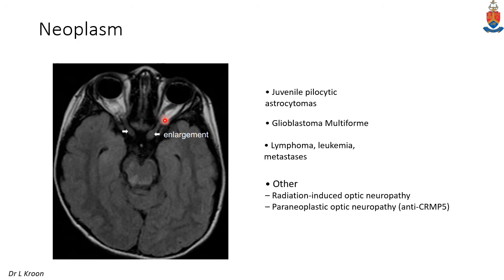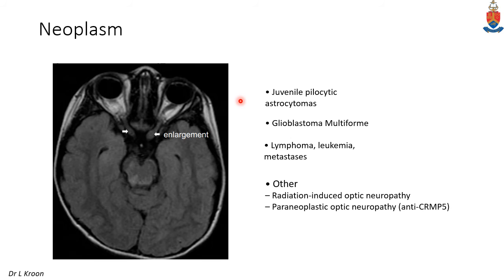Here's an example of neoplasms in the optic nerve. Here we have enlargement of the optic nerve on the left, but a little bit on the right as well. The most classical form of this is juvenile pilocytic astrocytoma, which is typically a grade 1 variant of malignancies, also the so-called optic nerve gliomas.